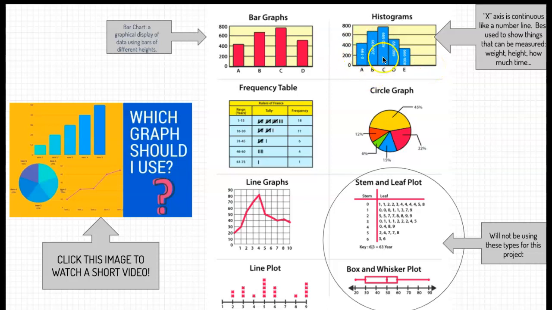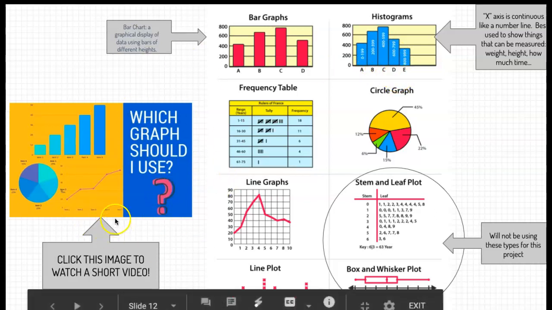So that is why there are no spaces between these values. Histograms are often used to display measurements such as weight, height, changes over time, but the intervals are continuous like a number line. If you want to have a little bit more exposure to how to select different types of graphs, you can click this image in the PowerPoint to watch a short video.